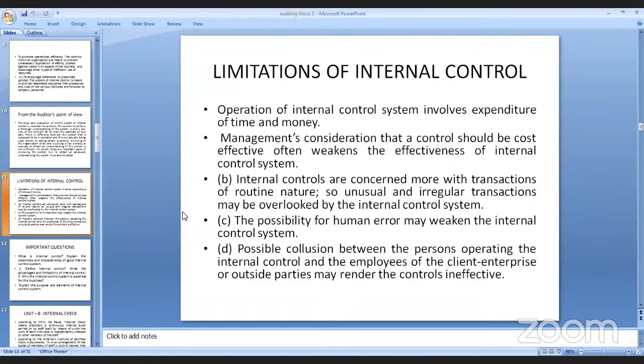Limitations of internal control. So here, as everything is kept open before the eyes of the auditor and before the staff employees of a company, sometimes it will become a weakness.